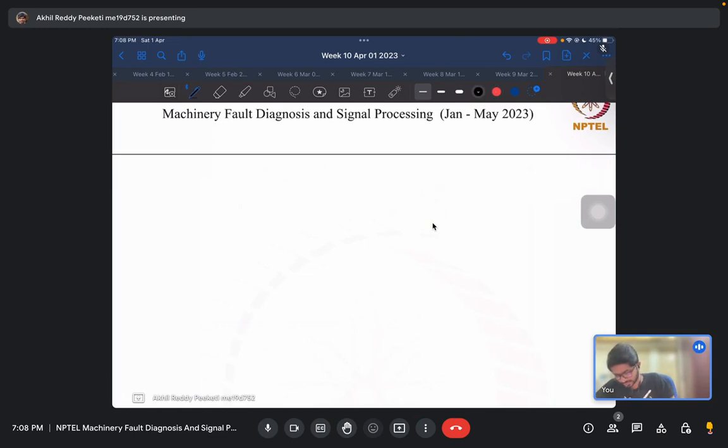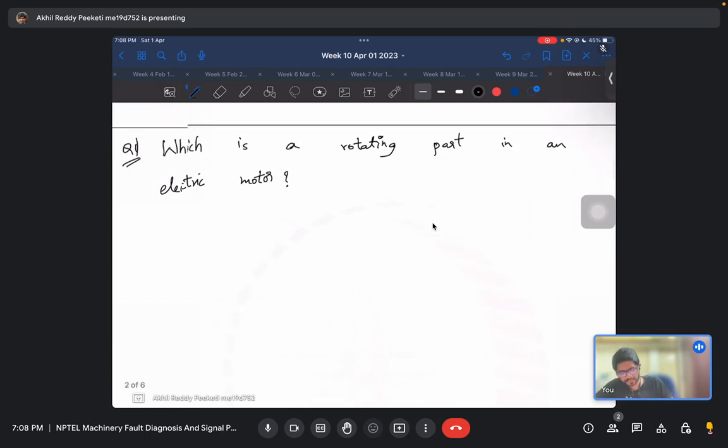So, the first question we have is: which is the rotating part in an electric motor? A. Armature.